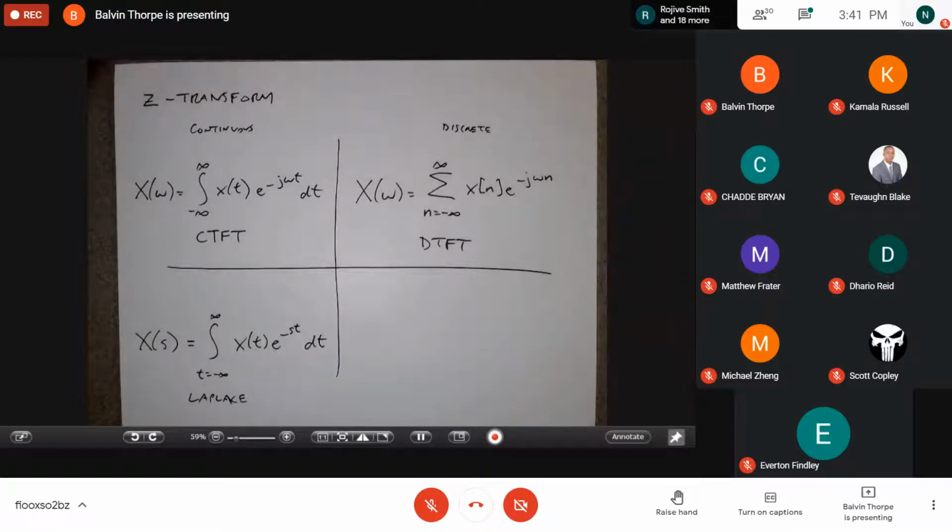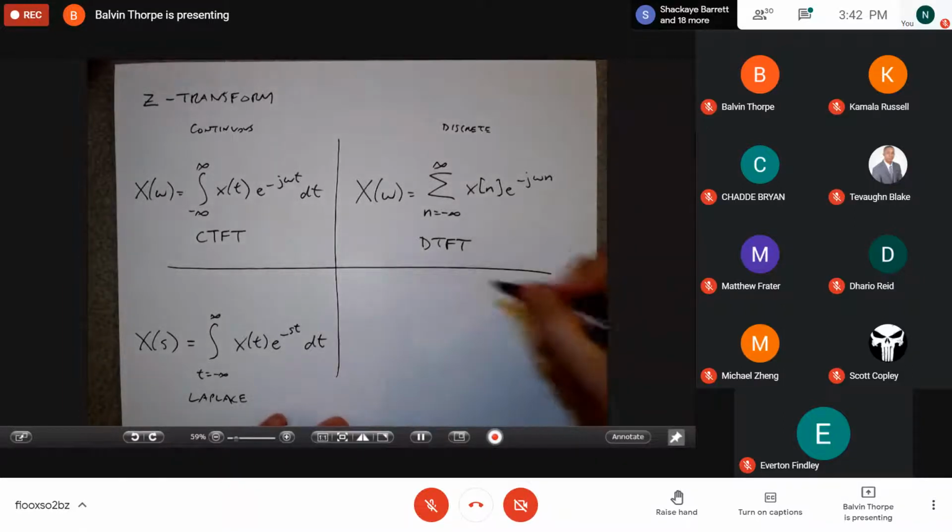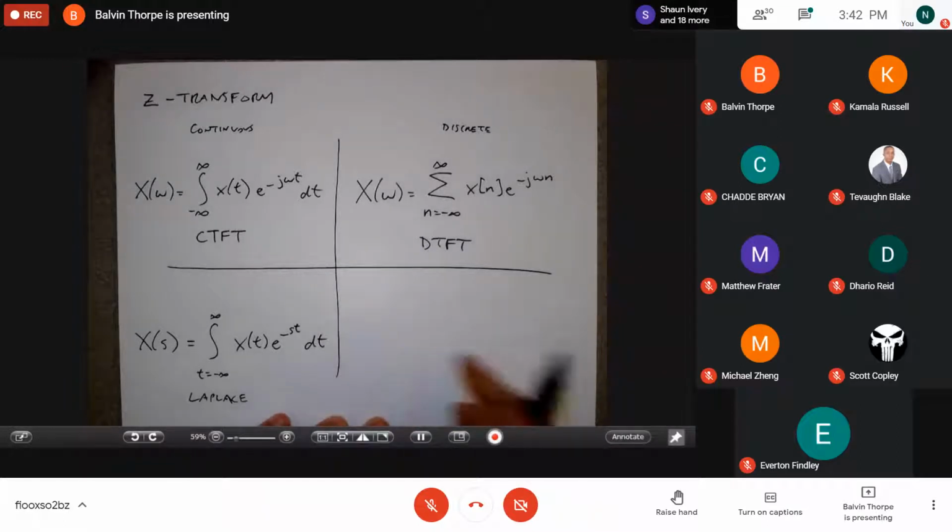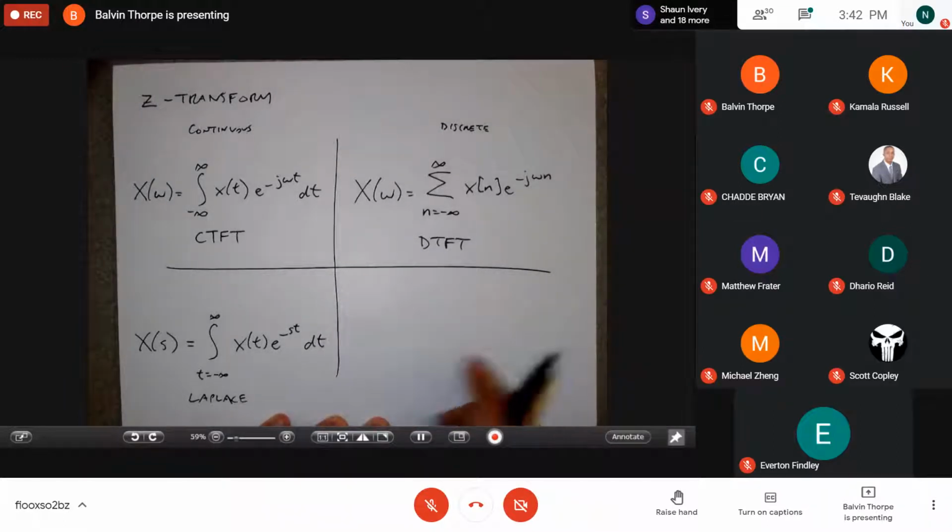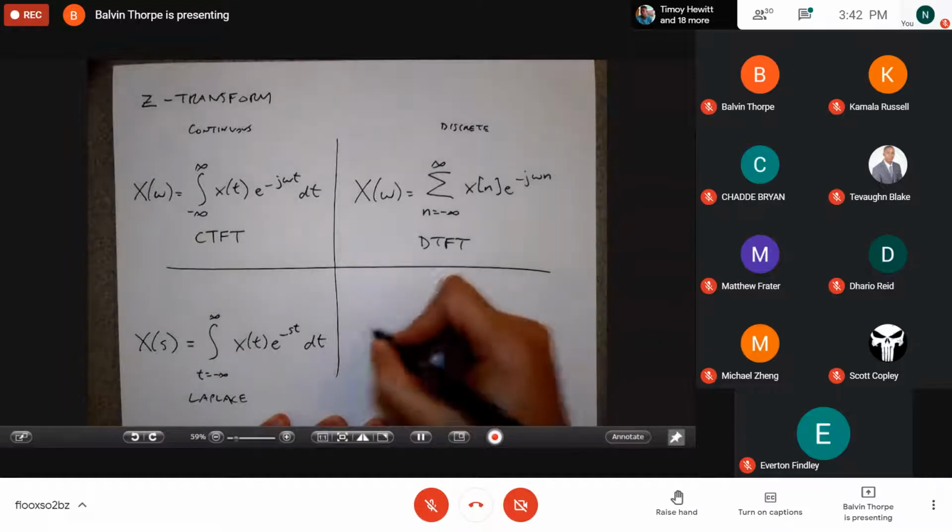The advantage of the Fourier transform is that it has a very intuitive and concrete interpretation as frequency. We know a lot of real-world electrical engineering systems involve frequency, so we need them both. The question today is, what is the discrete time version of the Laplace transform? That's what's called the Z transform.